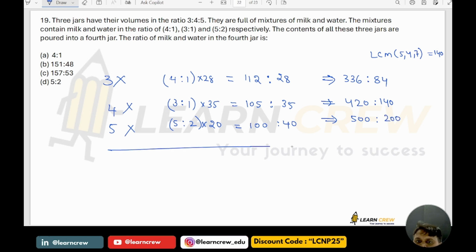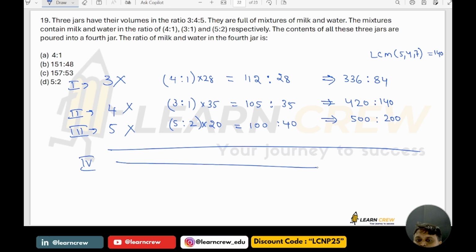When the first jar, second jar and third jar are poured into the 4th jar, the total milk is 500 plus 420, 920, 920 plus 336, which is 1056. And water is 200 plus 224, which is 424.